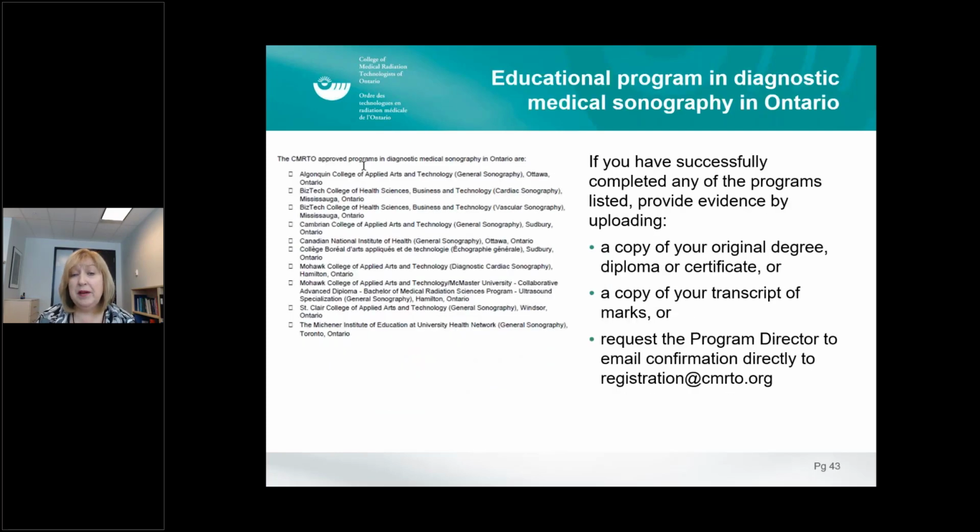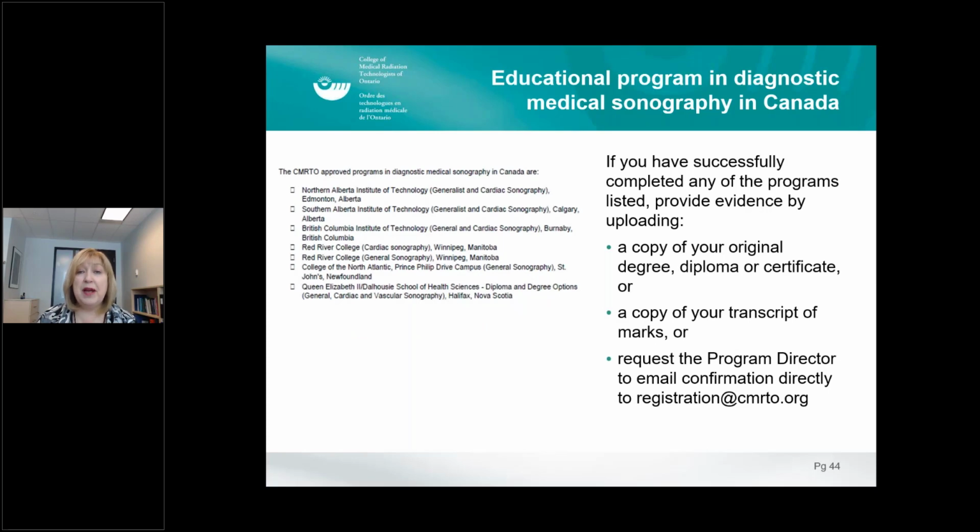If you completed one of the approved educational programs in Ontario, and there is a list of all the approved programs in the application guide as it appears in the registration regulation, then you can provide evidence of that. And so that would be your degree, diploma, or a copy of your transcript of marks, or you can also request the program director to email confirmation directly to CMRTO.